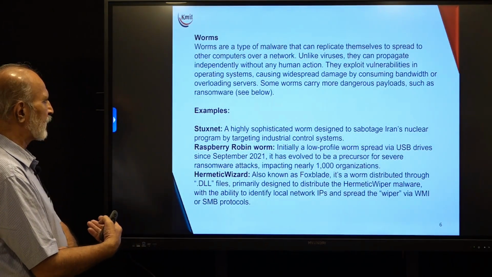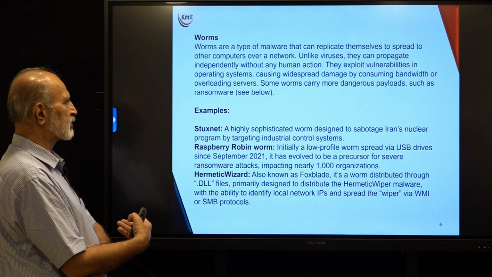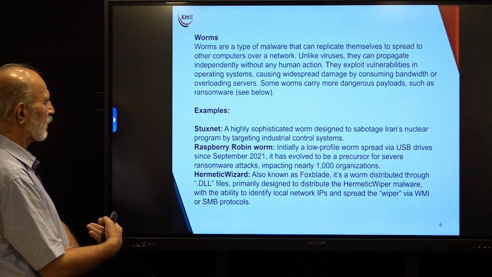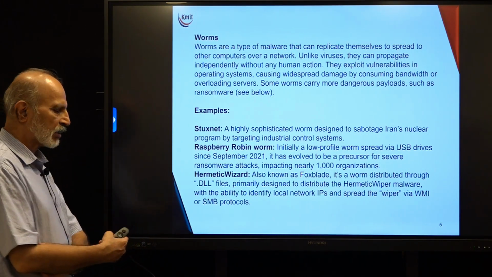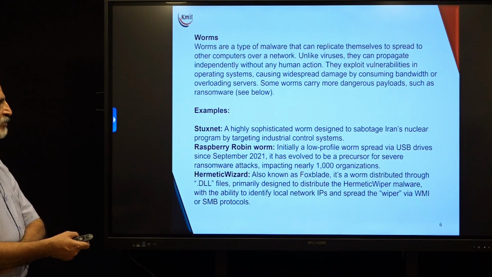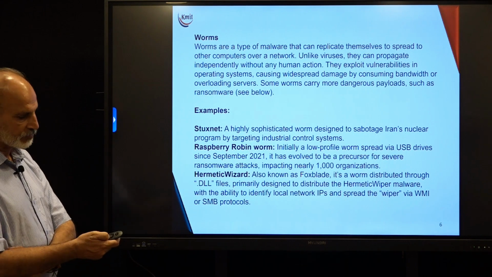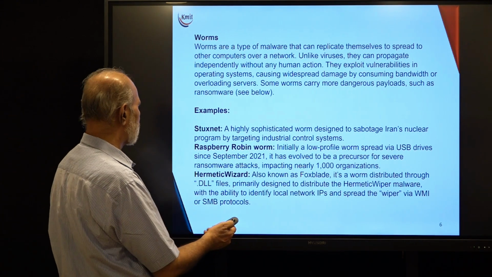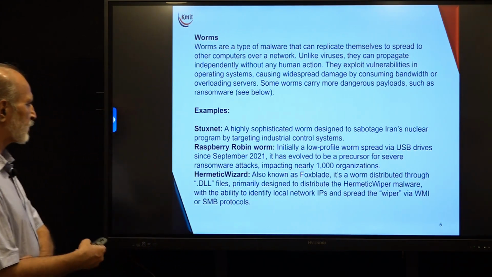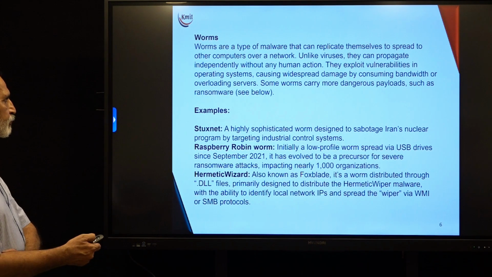They exploit vulnerabilities in the operating system, causing widespread damage by consuming bandwidth or overloading the server. Some worms carry dangerous payloads such as ransomware. Ransomware was a big problem around 1.5 to 2 years ago. So these are some examples of worms.